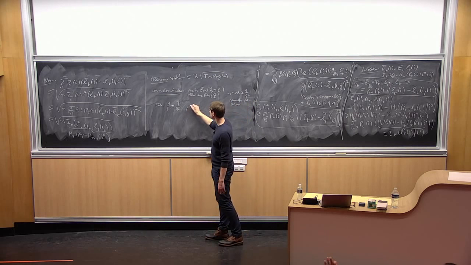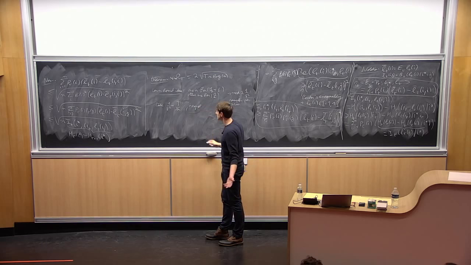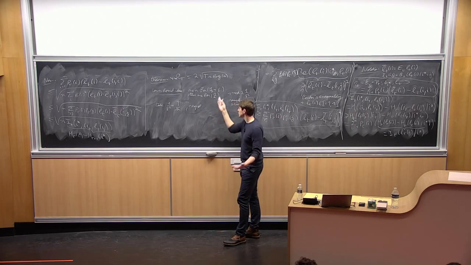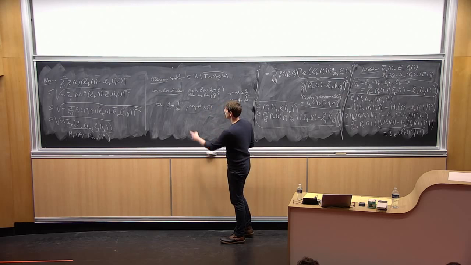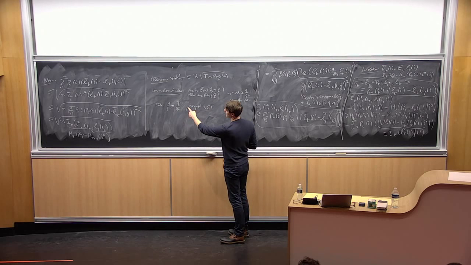But what is my regret? At every time step, I play an action at random, so roughly I get a regret of epsilon t. So it's roughly epsilon t, which is what? Epsilon is square root of n over t, so this is square root of n t.